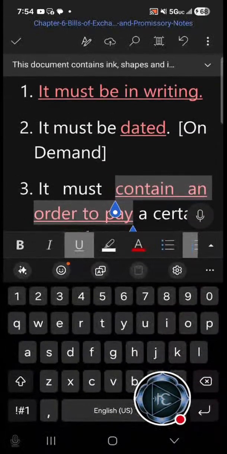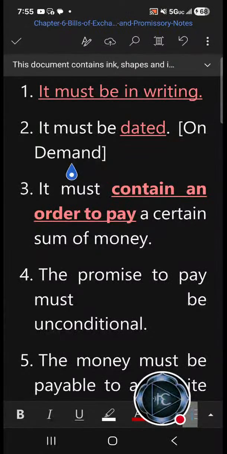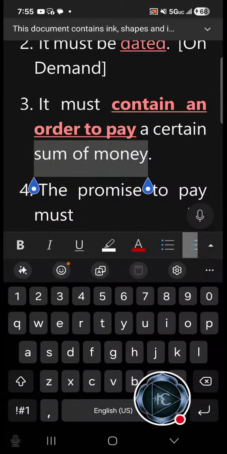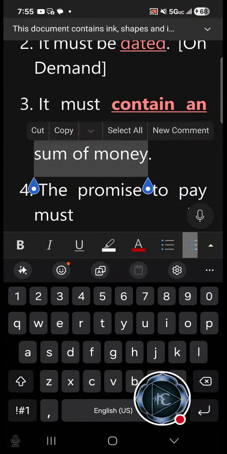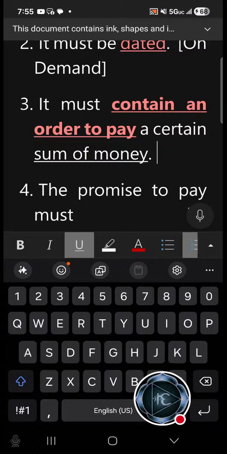We need to do a little more research on what the word pay means, but your understanding of what the word pay means is fine for this demonstration.